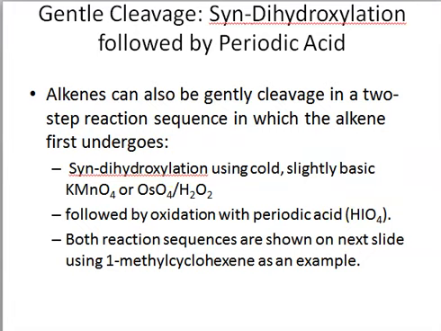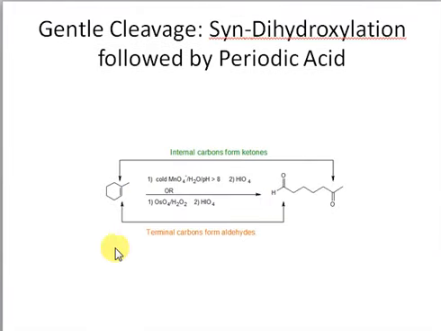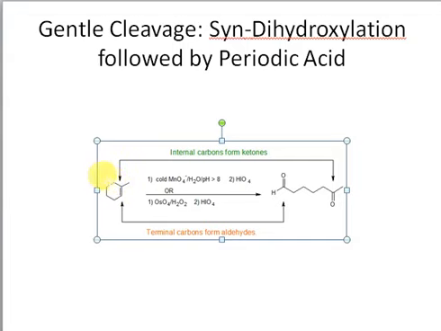Let's see some examples. Firstly, understand what we mean by internal carbon. This carbon of the alkene, which is disubstituted, is called the internal carbon, because it is sandwiched between two substituents. Since it is sandwiched between two substituents, it resides inside, so that's the internal carbon.